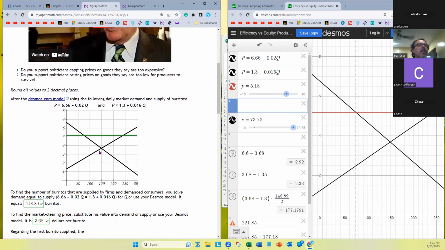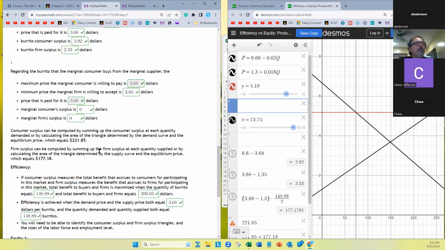Notice what happens. Now I have a price floor. You cannot sell below this green line. It's illegal. In Venezuela, if you sold below the price floor, you could be thrown in jail, right?